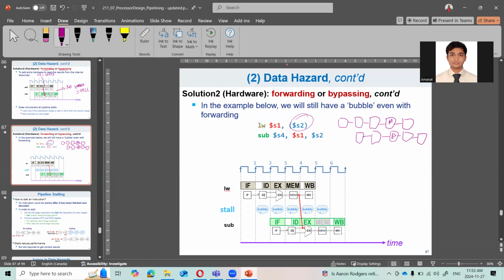If it was here, then we can pass it over, but we can't pass this. We can't go back in time. That's why for load, even using forwarding, we have to have one stall at the minimum. So if we do one stall, then we have this.